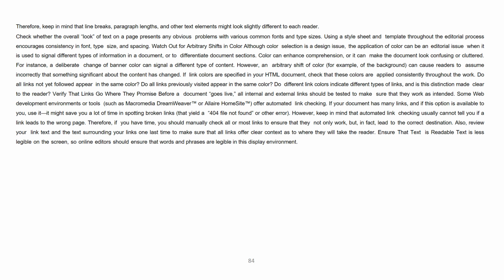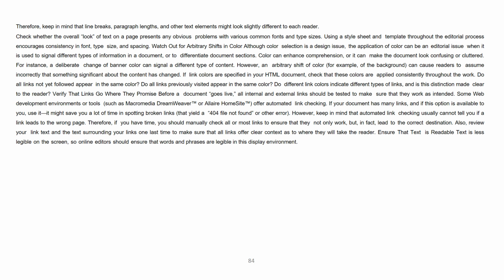The application of color can be an editorial issue when it is used to signal different types of information in a document or to differentiate document sections. Color can enhance comprehension or it can make the document look confusing or cluttered. For instance, a deliberate change of banner color can signal a different type of content.